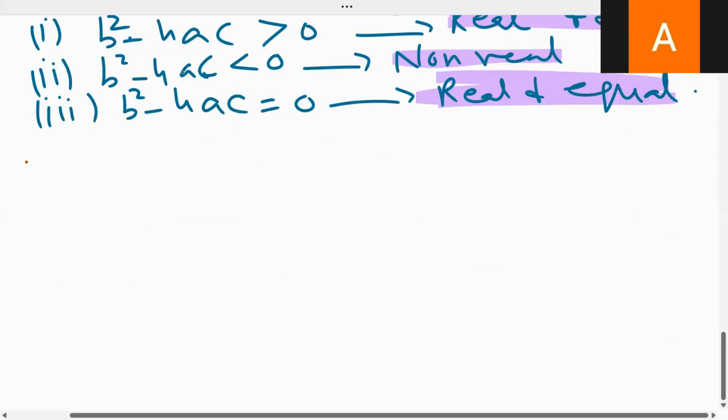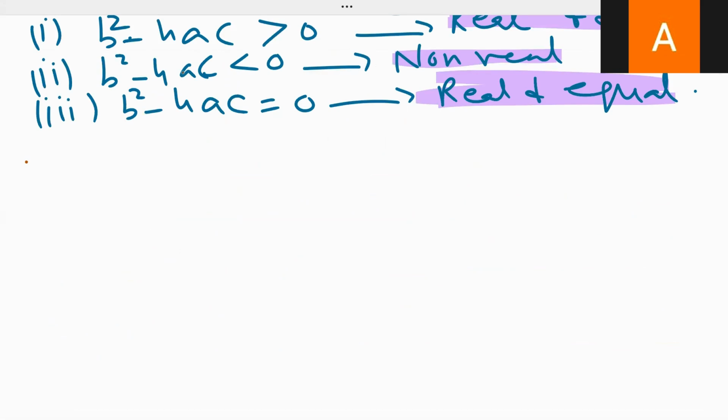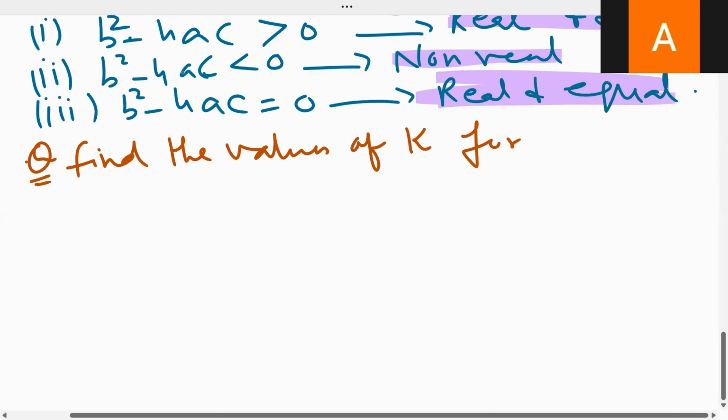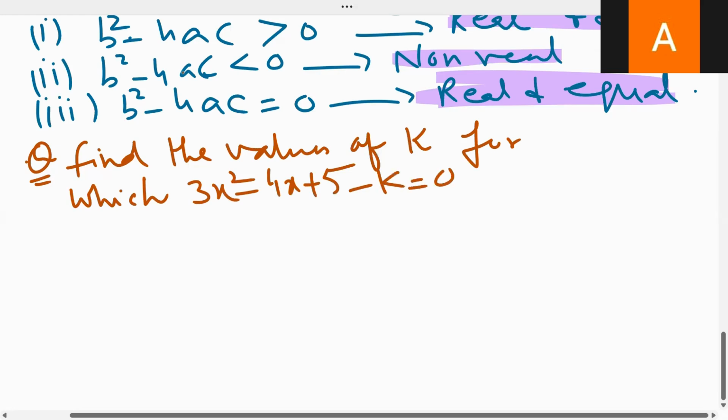For example, the question is: find the values of k for which 3x square minus 4x plus 5 minus k is 0.